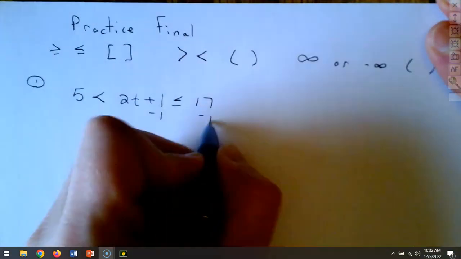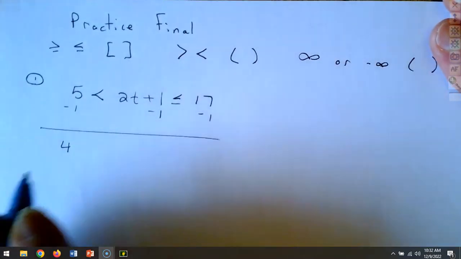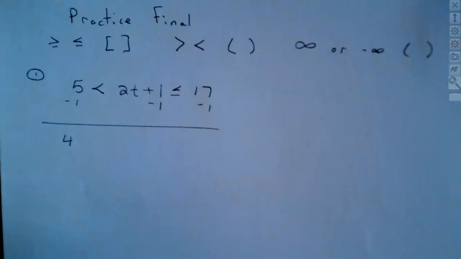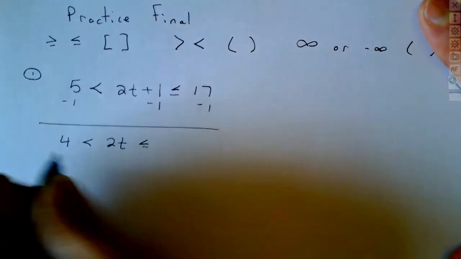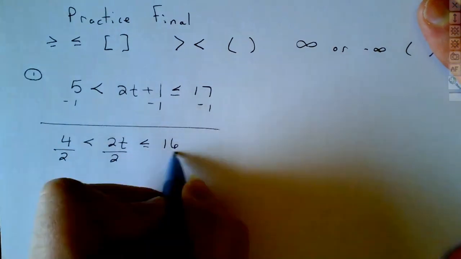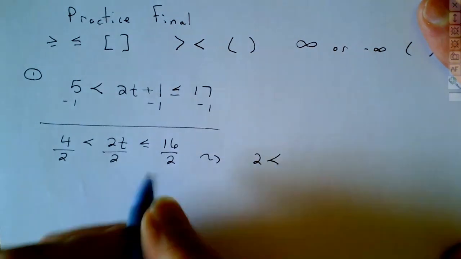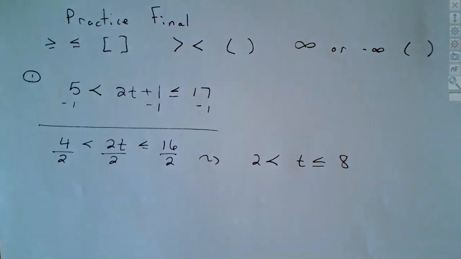So we'll move our 1 over, first off, and that leaves me with a 4. We have a 2t in the middle, and the other side is a 16. We'll divide by our 2 everywhere, and that's going to reduce down to 2 is less than t is less than or equal to 8.